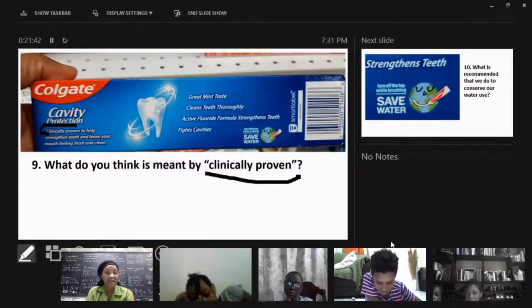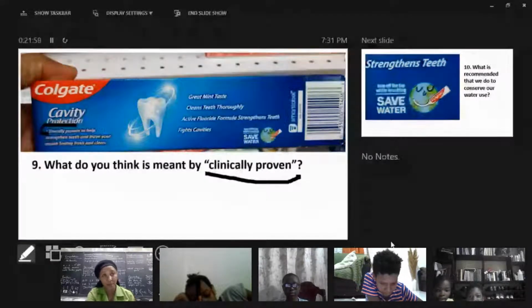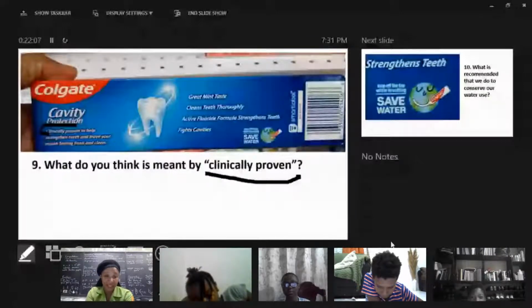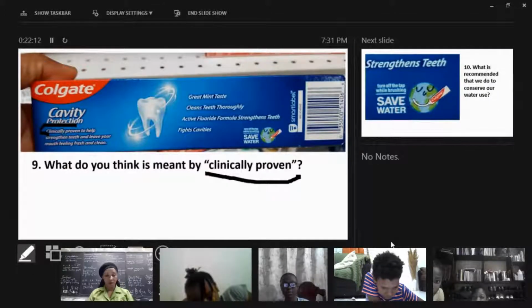But the important thing is that it is done under a situation where it is noted how much toothpaste is used and the effects that it has over a period of time. So it's like an experiment, an ongoing experiment for a period of time to see the effects that it has. That is what clinically proven means. So you are all correct.